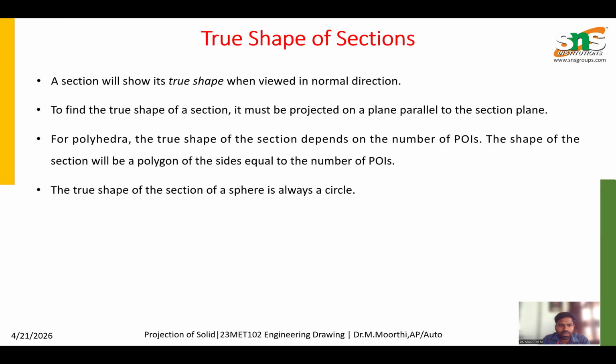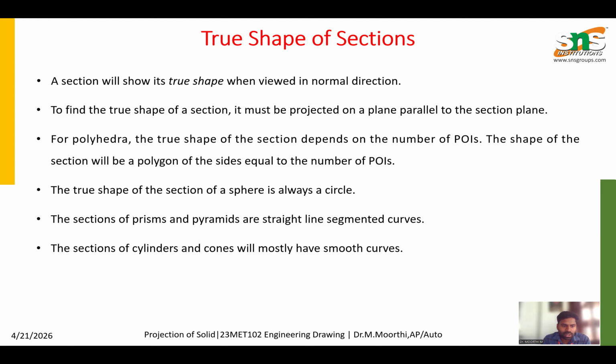The true shape of the section of a sphere is always a circle, as we already discussed. The sections of a prism and a pyramid are straight line segments. The sections of cylinders and cones will mostly have smooth curves. It is very important after sectioning of solids, based on whether the solid is a prism, pyramid, cylinder or cone.